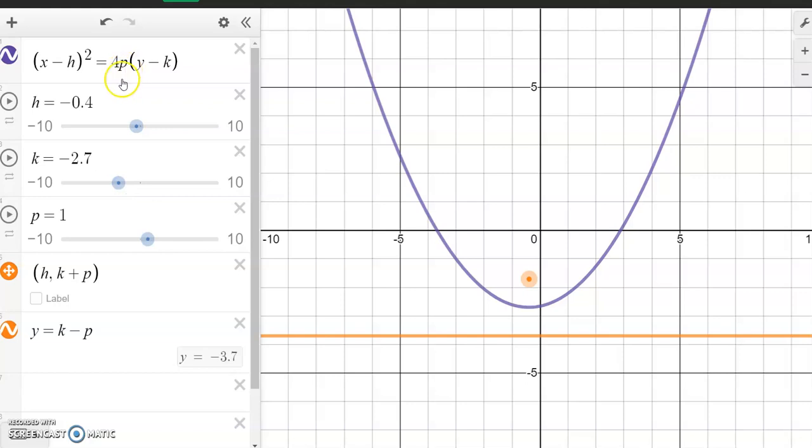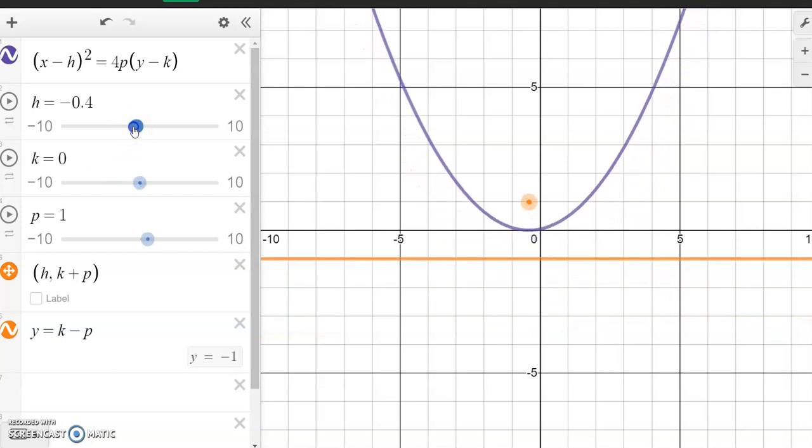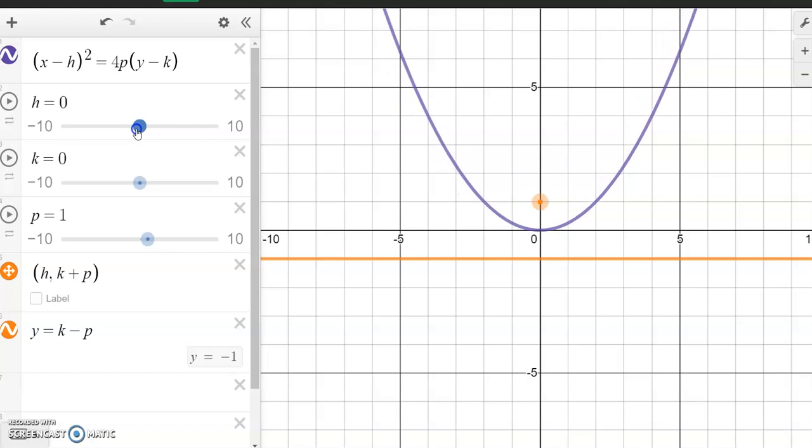And then this value here for p, right now I've got it set to 1, which means that the vertex is 1 unit away from the focus. So that's the focus right there, there's the vertex, and you can see that's a distance of 1, and it's also a distance of 1 there.